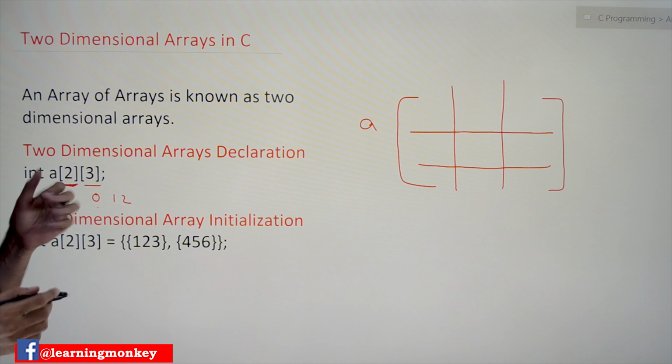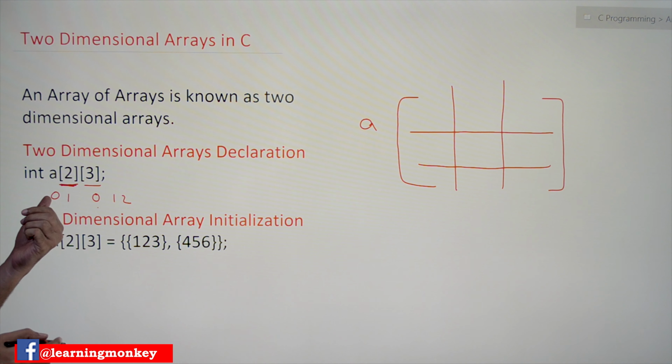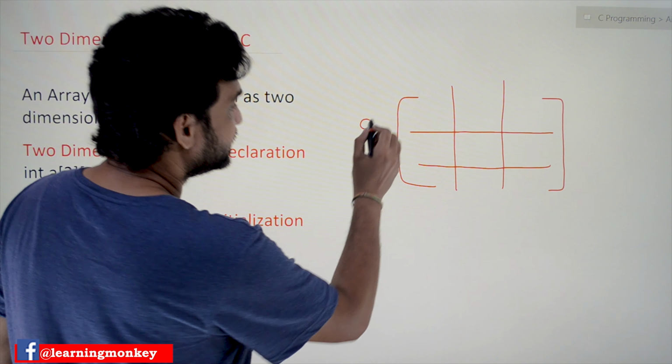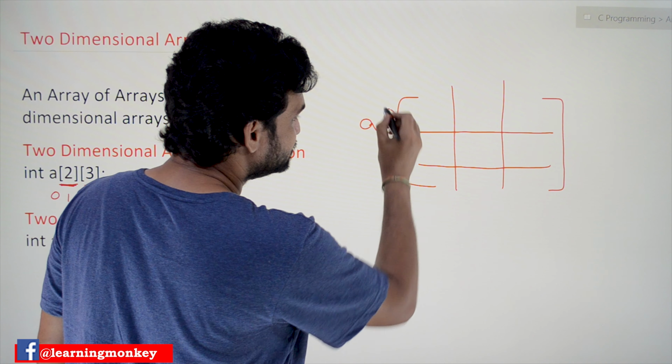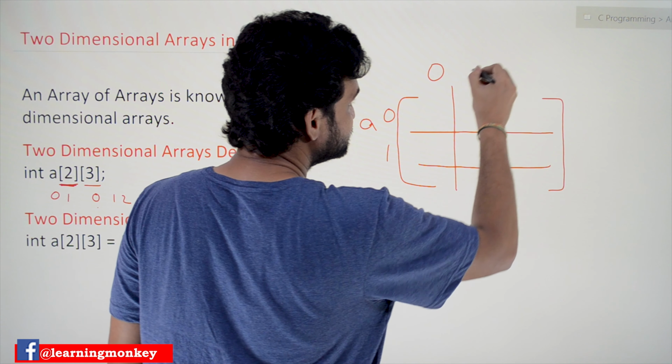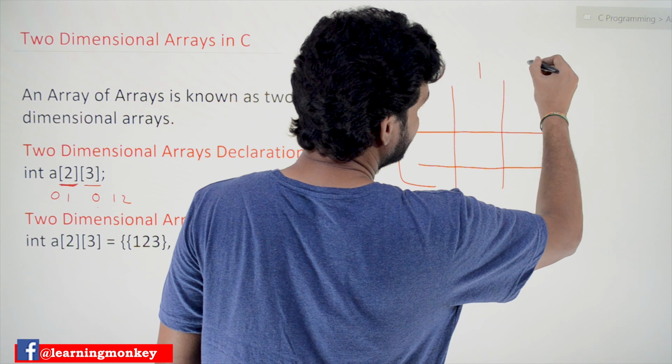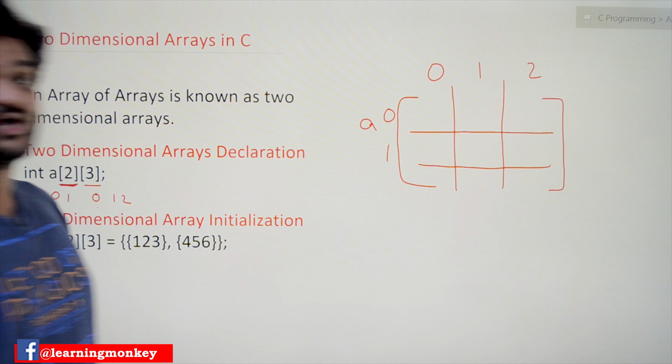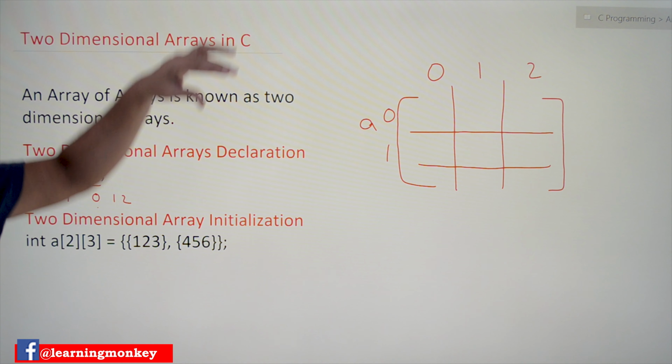The index for this row is 0 and for this row is 1, and for this column the index is 0, for this column 1, and for this column 2.